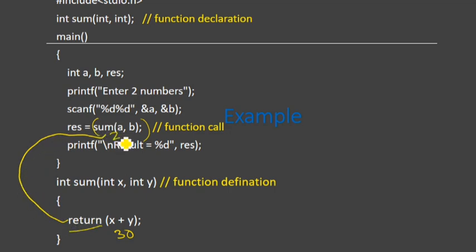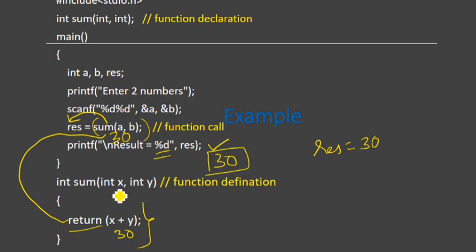After that, it returns the 30 from this function. 30 will be stored in the result. Result is a variable, now updated with the 30 value. After that the printf statement is going to be executed. So printf, the result is 30, so 30 is going to be seen on the screen. This is my output.